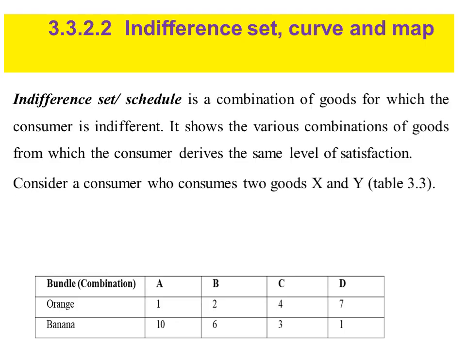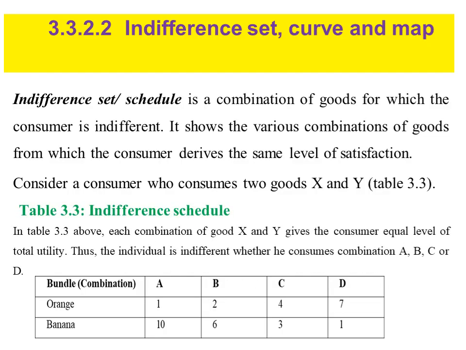Consider a consumer who consumes two goods, X and Y. In the table below, each combination of good X and Y gives the consumer an equal level of total utility.